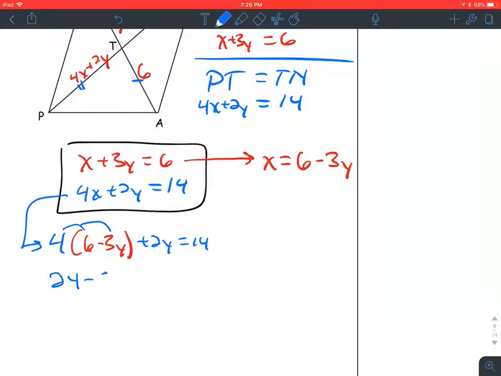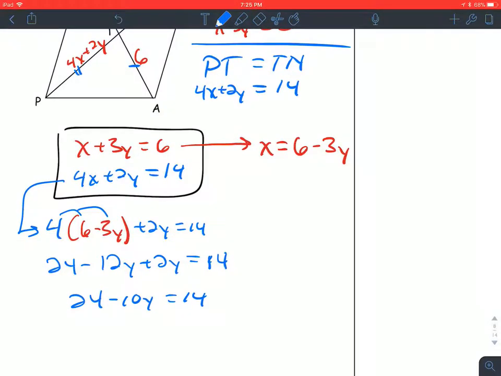We get 24 minus 12y plus 2y equals 14. Combine like terms, we get 24 minus 10y equals 14. Subtract 24 from both sides, you get minus 10y equals negative 10.